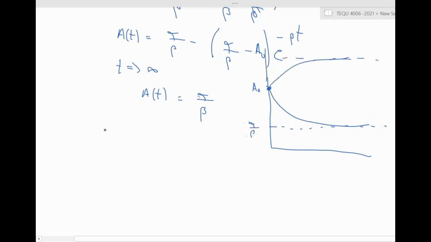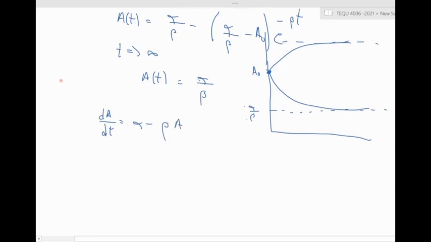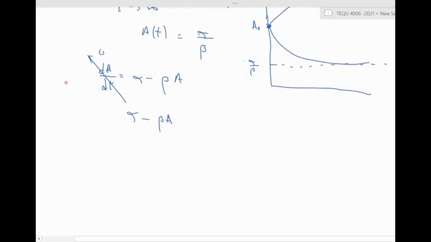Take my original equation, which was this one, dA/dt equals alpha minus beta A, and when there's equilibrium, the concentration of A will stop changing, meaning that this goes to zero. Now from the same differential equation, when this goes to zero, you have an algebraic equation.